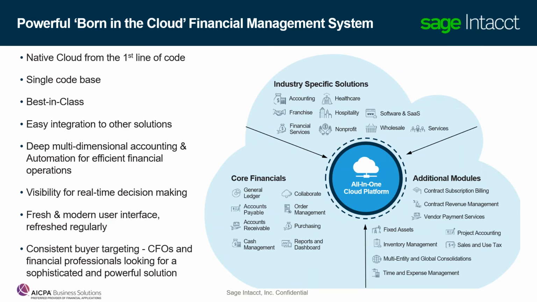Important to note, though, is that this is a single code base, which means that unlike on-premise solutions, we don't have different versions of the software. We only have one version. All of those companies that are using Sage Intacct are running the same version of software. And that's important, and it's also very effective from a cost perspective, from a maintenance perspective.